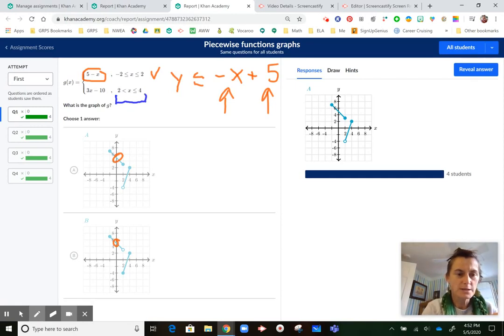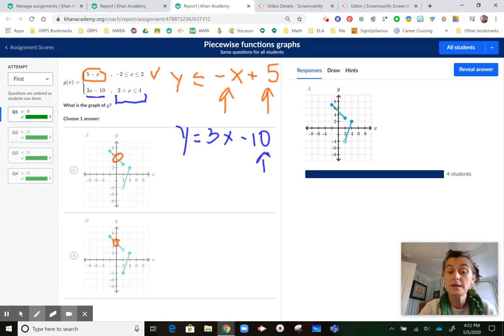This is 3x minus 10, meaning -10 is the y-intercept and 3 is the slope. I can't see the y-intercept, but I can see the slope in both of them: 1, 2, 3 up and 1 over.